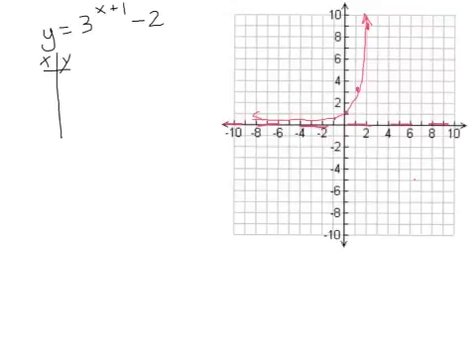Now, in our case, we've moved left 1 and down 2. So to start this graph, I'm going to take a key point, and I'll do this one in blue. The ordered pair (0, 1) is going to move left 1 and down 2. So it would now be here. Okay, so that point has moved.